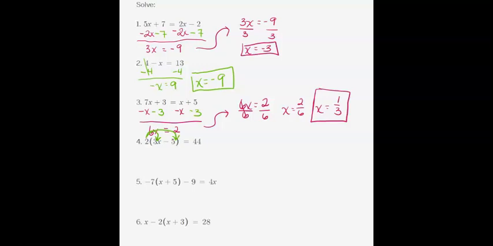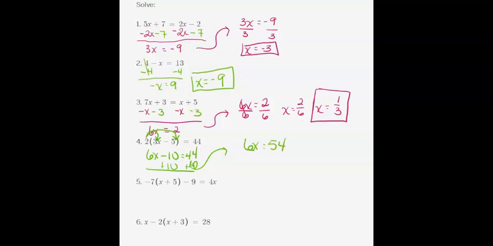So 2 times 3x gives me 6x. And 2 times negative 5 gives me negative 10 equals 44. Now that I've done that, I can add 10 to both sides. And I get, over here, 6x equals 54.